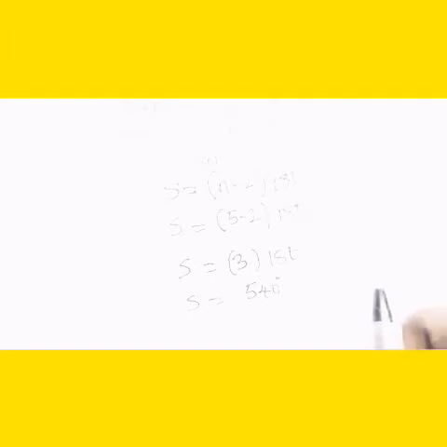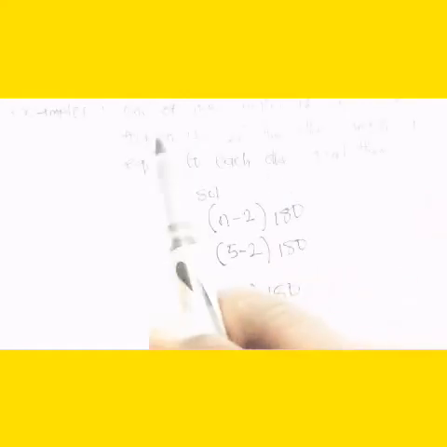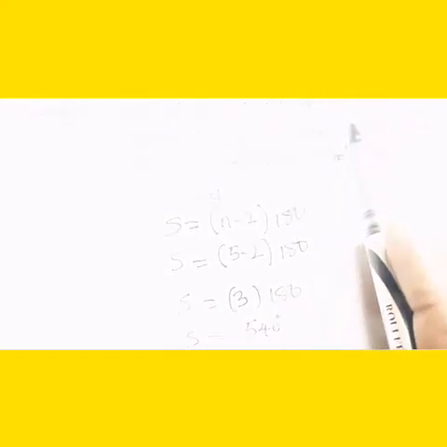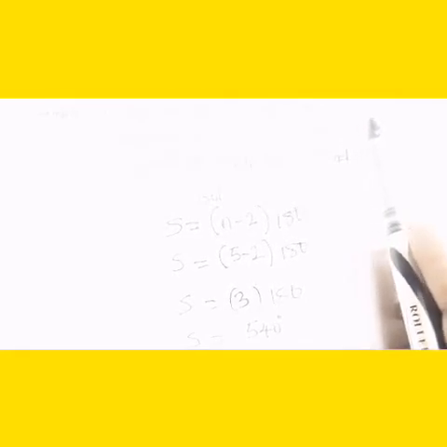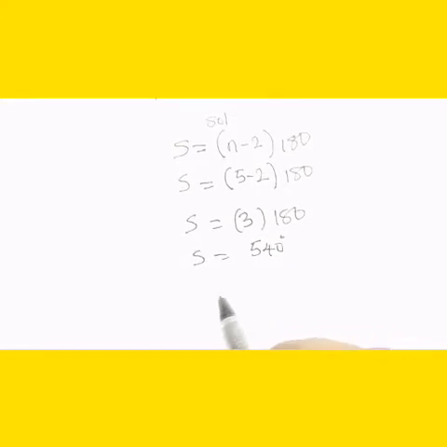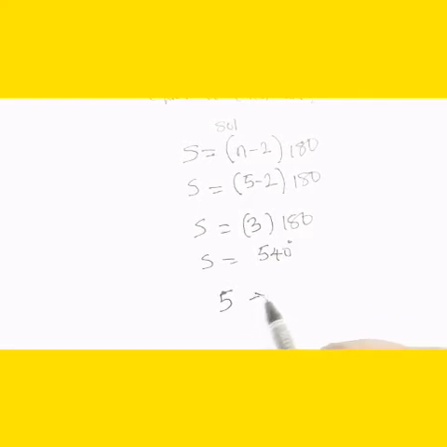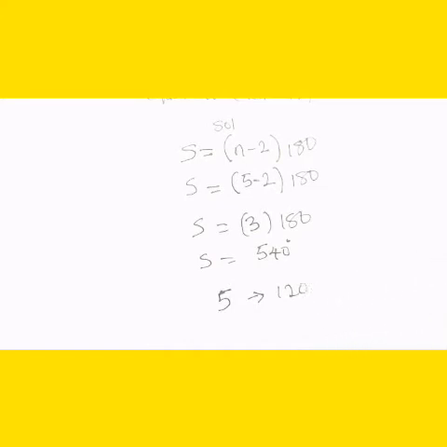This means the sum of the interior angles of a pentagon is 540, but the question says one of the angles of the 5-sided polygon is 120. So we are looking for the angles of the other 4 sides.